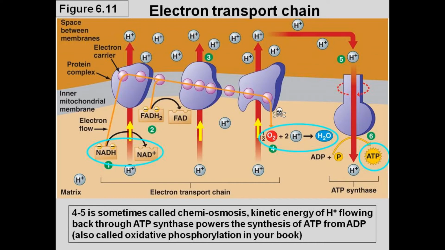The hydrogen ion, so it's just an H+, there's no electron on it, has a net positive charge, and that builds up inside of the mitochondrion, which basically pushes the hydrogens out into the intermembrane space. Kind of like how two of the same pole magnets push apart. Positive and negative charges will do the same thing.